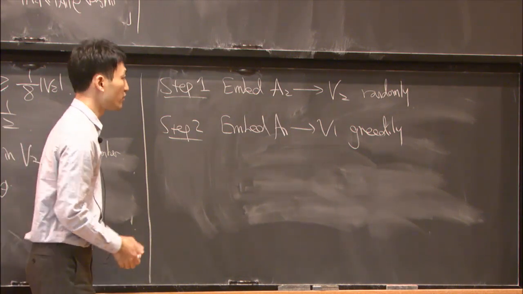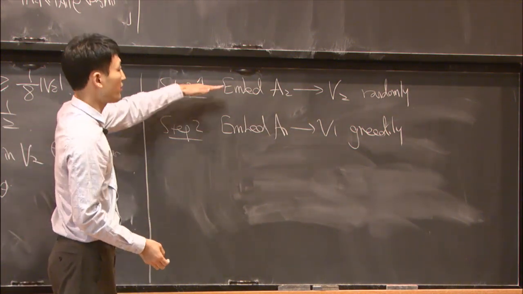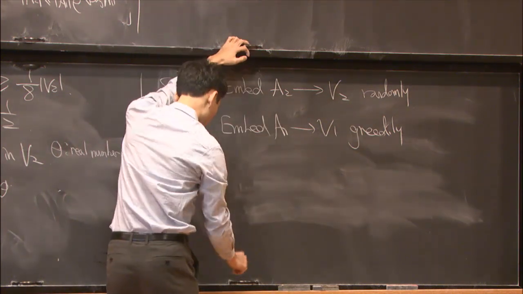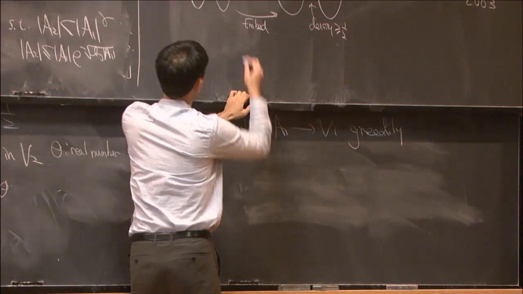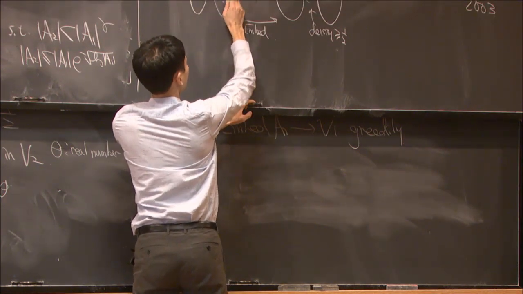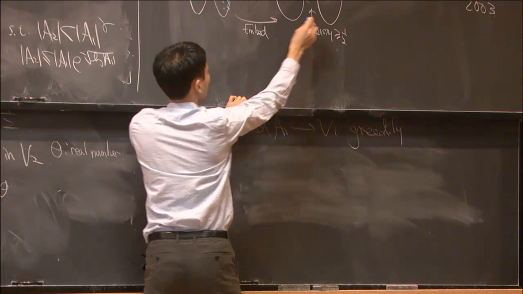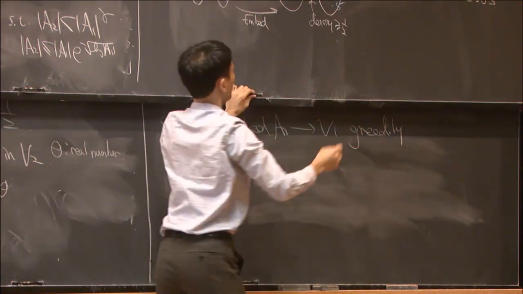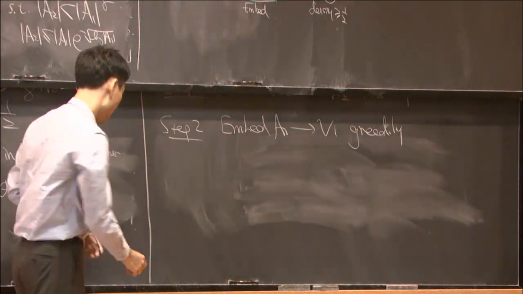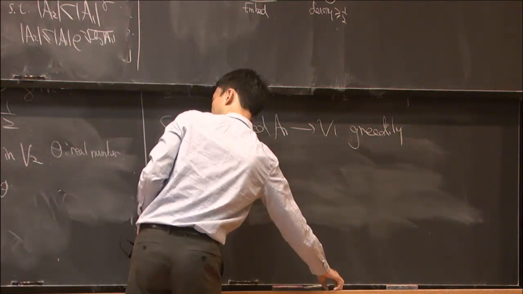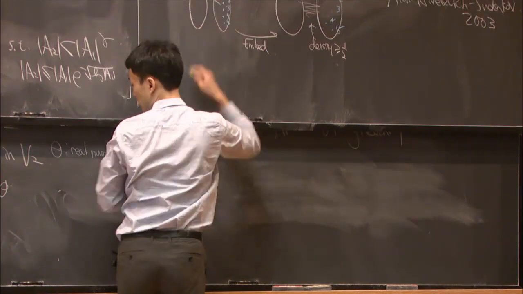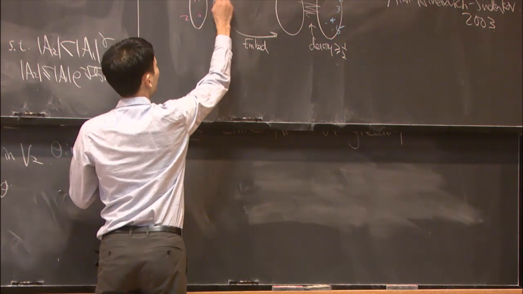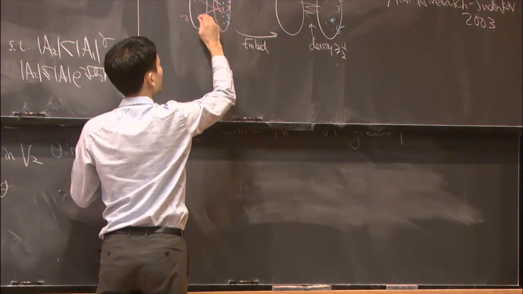To make this possible, I have to ensure that this embedding has some good properties. Let's see. If I embedded already A2 into V2, let's say there are only 5 vertices here, 1, 2, 3, 4, 5, and it went to here, 1, 2, 3, 4, 5. Suppose that was the first embedding in the first step. And then assume that we had 2 vertices here, 1 and 2, each having 3 neighbors, like that.